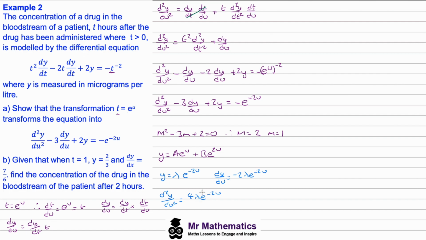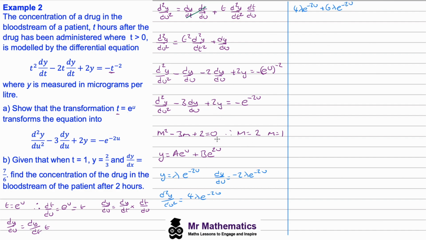Now I can substitute each of these back into this differential equation. So we can substitute this in place of d2y over du squared. So we get 4 lambda e to the negative 2u. We'll substitute this into here. The negative 3 multiplied by the negative 2 will make positive 6 lambda e to the negative 2u.